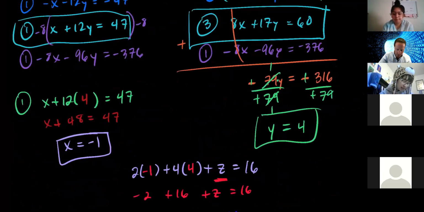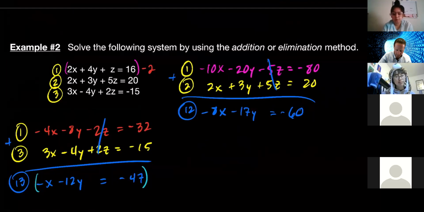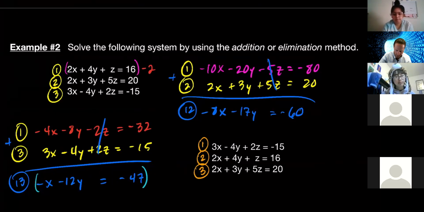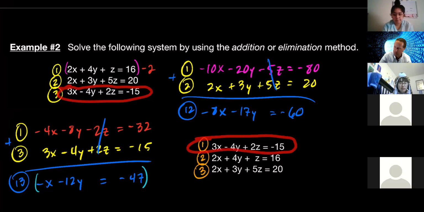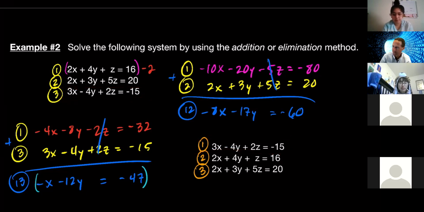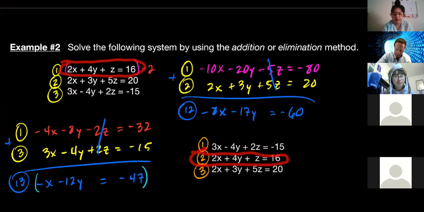I'm going to take that one and I'm going to paste it right here. That's from the original. This was example number 1 right here. Can you guys see that this equation 3 is equation 1 on this? Can you guys see that equation 1 here is equation 2 here?